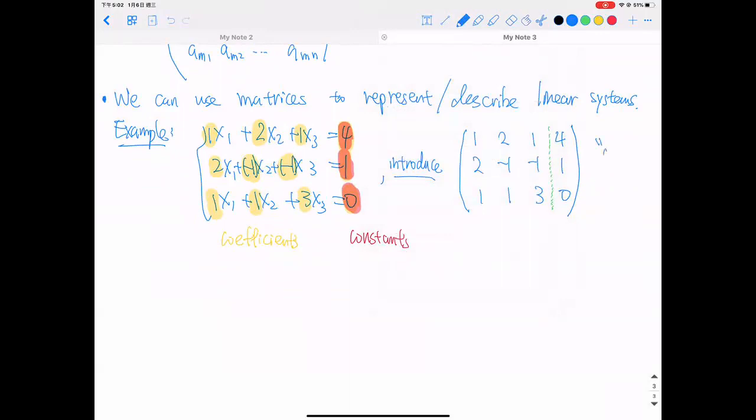This matrix is called the augmented matrix for the system.